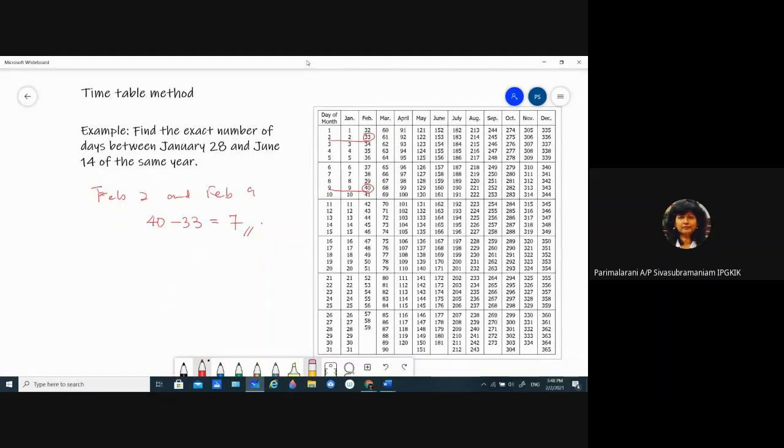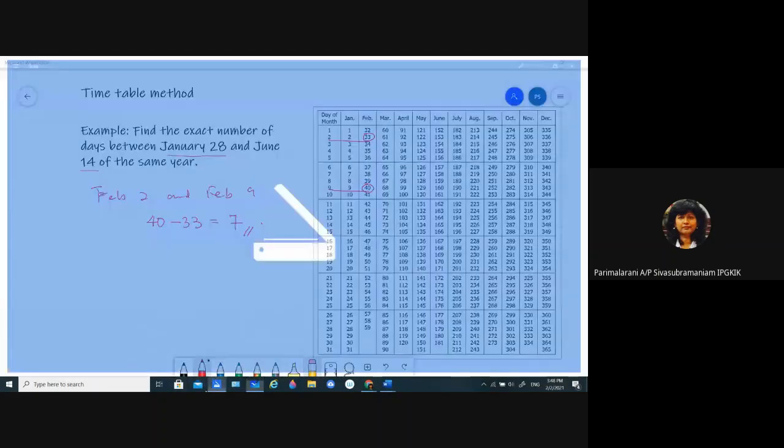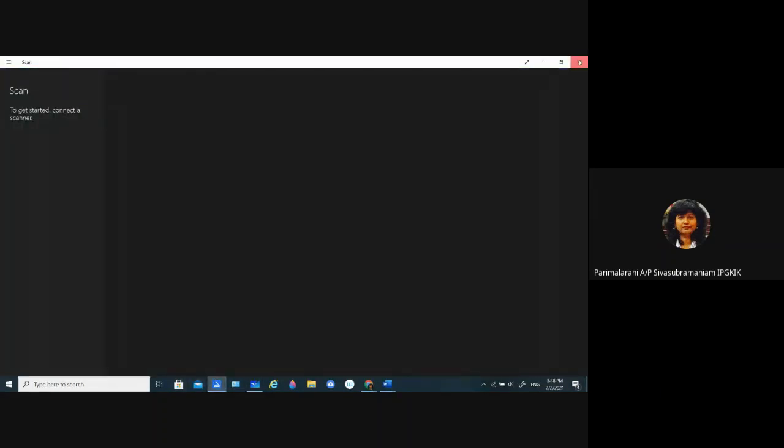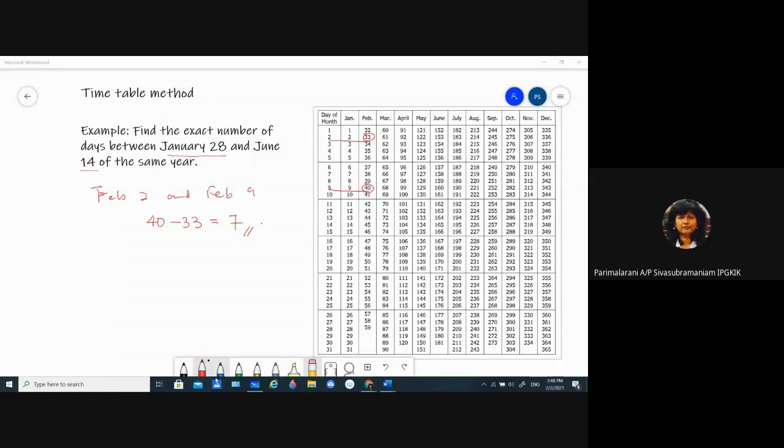So now let's look at the example here. Find the exact number of days between January 28 and June 14 of the same year. Sorry, January 28. So the first column, we go down, scroll down until 28. And we look at the value at January 28. So this is also 28.